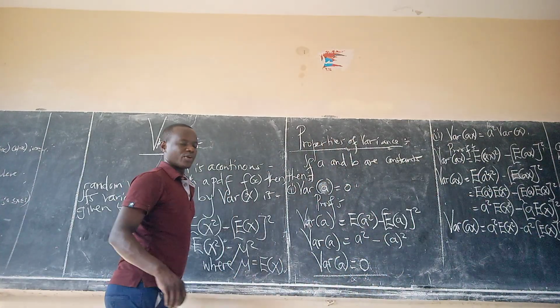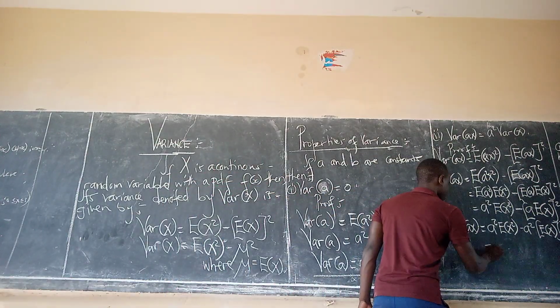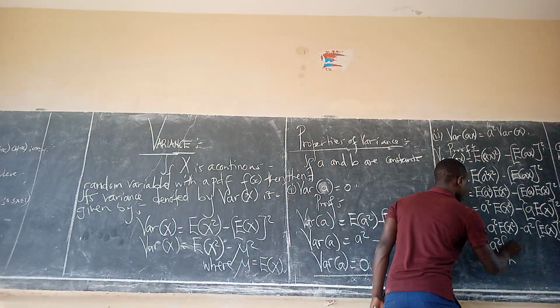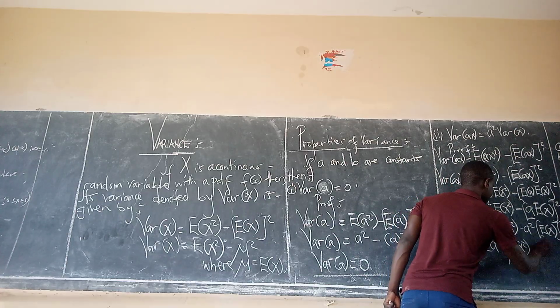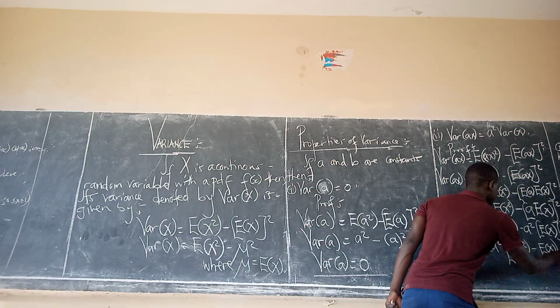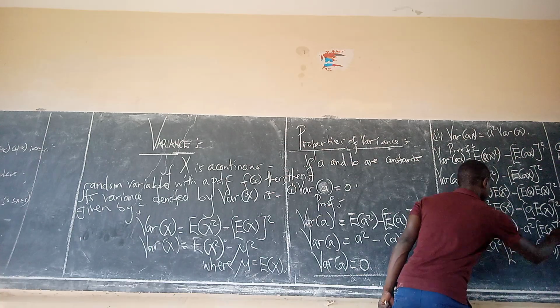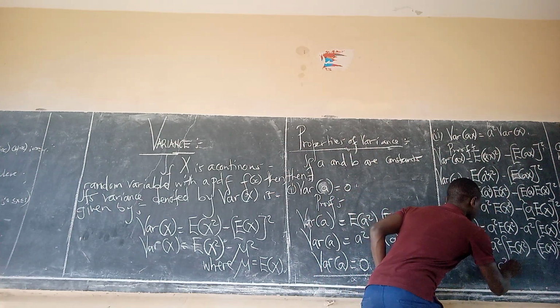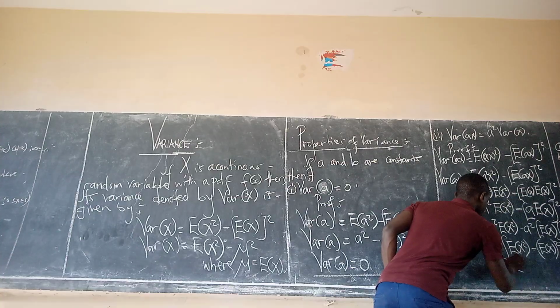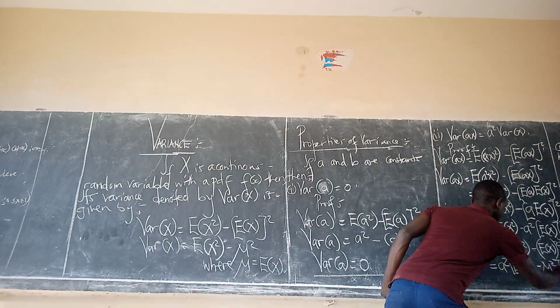So a squared is common, we pull it out, and we shall have a squared times the expectation of x squared minus the expectation of x, but the whole thing squared, which is as good as having a squared times the expectation of x squared minus mu squared.